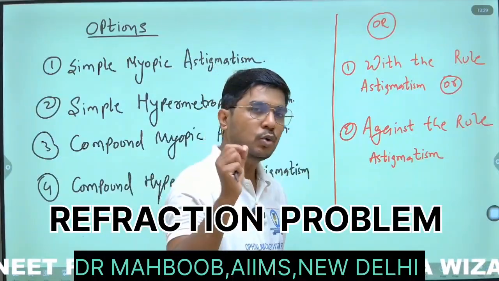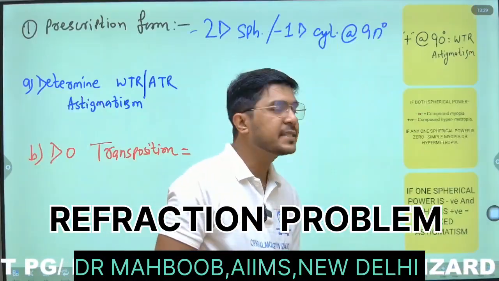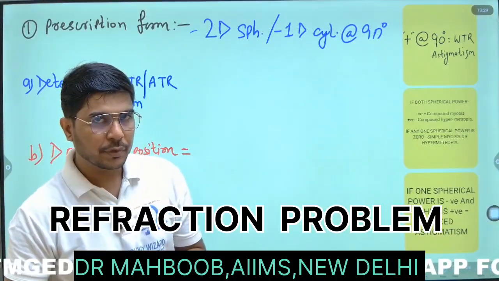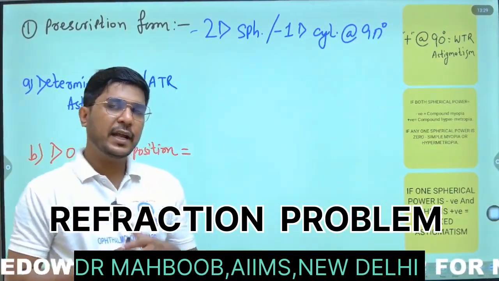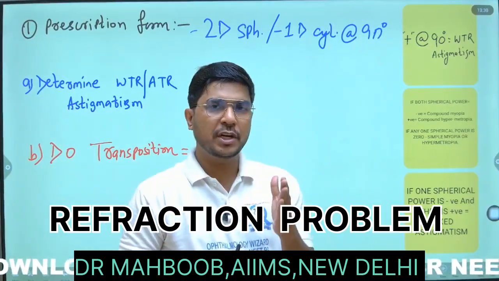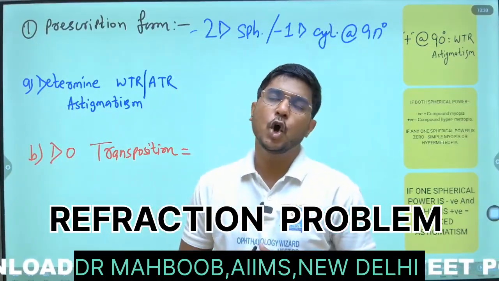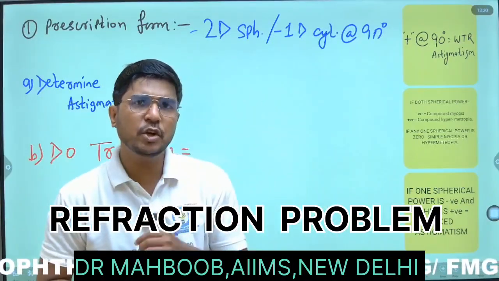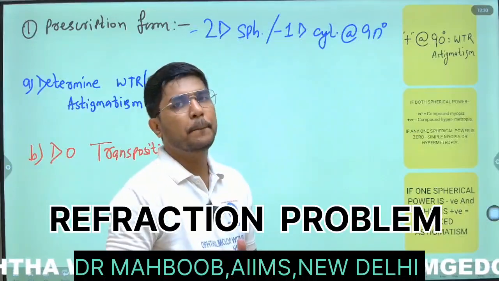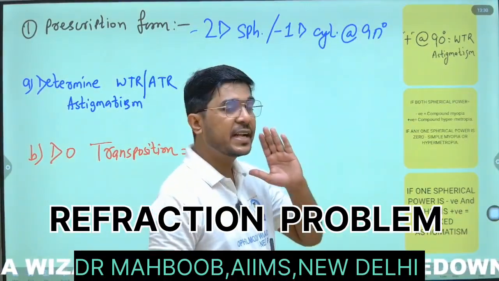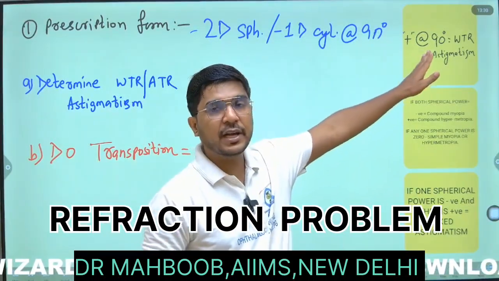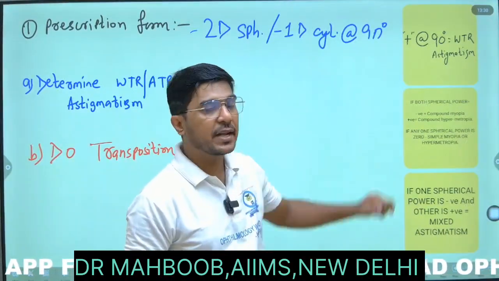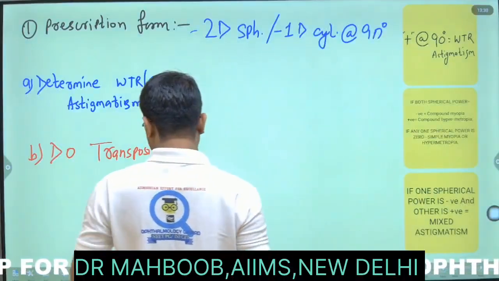How to do so? Let me show an example. Suppose this is the prescription form of the question they have given you. The first step is to determine whether this is with the rule astigmatism or against the rule astigmatism. For that, you need to remember one important point. Plus at 90 degree means plus power of cylinder at 90 degree is with the rule astigmatism.